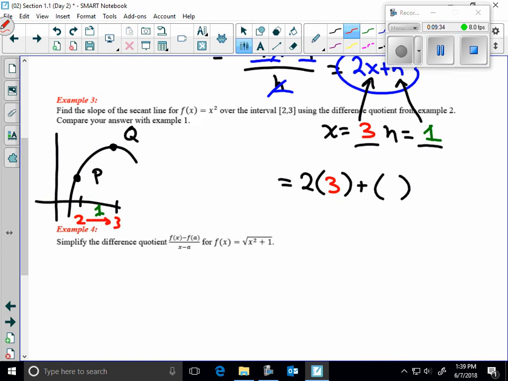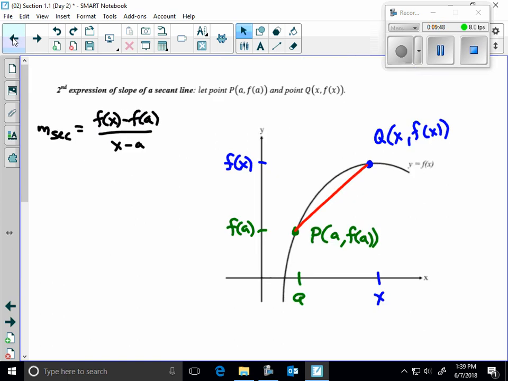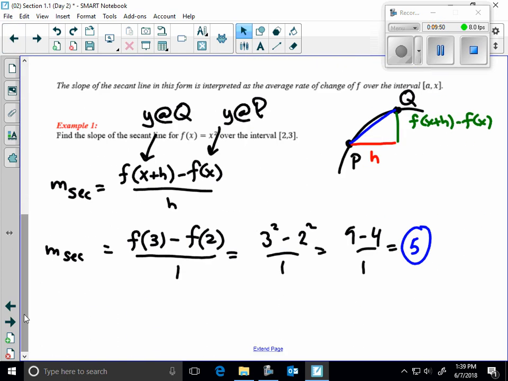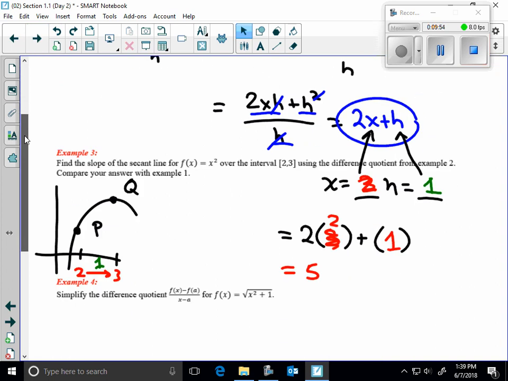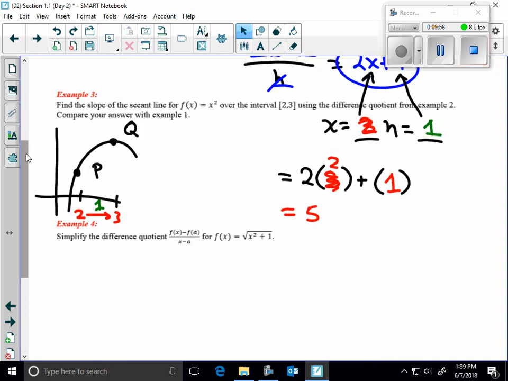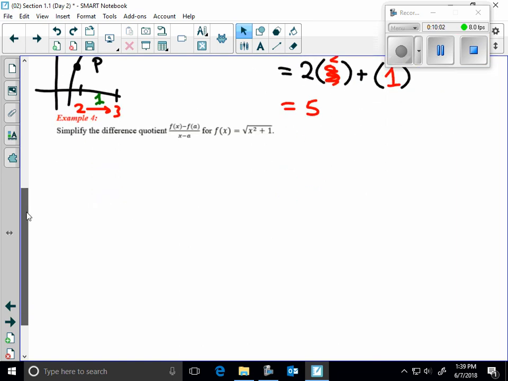So my x value here should be a 2. And then, of course, h is still 1. So 2 times 2 is 4, plus 1 is 5. So the slope on that interval, which we looked at on the previous page right here, ended up being 5. Well, when I use the difference quotient, same thing happens. Okay, so we've confirmed using the difference quotient that that slope also comes out to be 5.